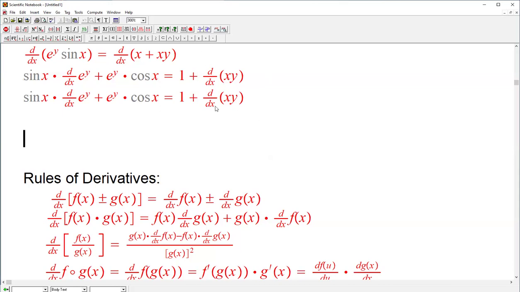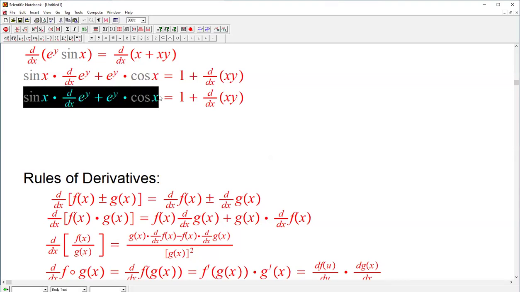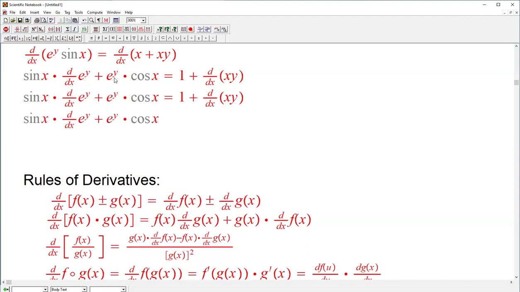And with clarity, now the left-hand side, this part is already finished. I'm going to copy this, paste it here. So that's the equal sign, and we're going to take care of this part. And over here, I can just drop the dot, so this part is done.